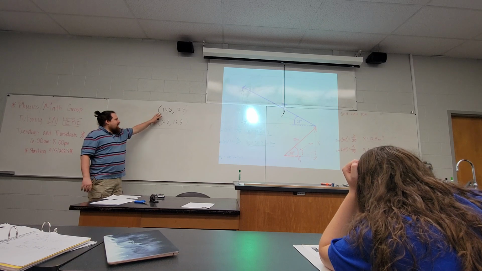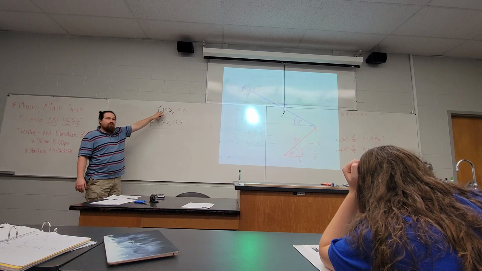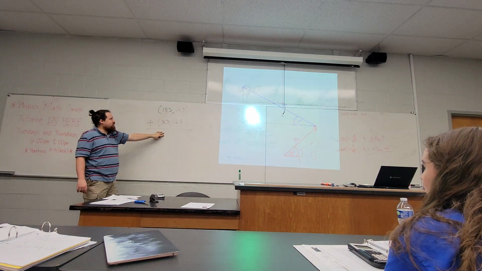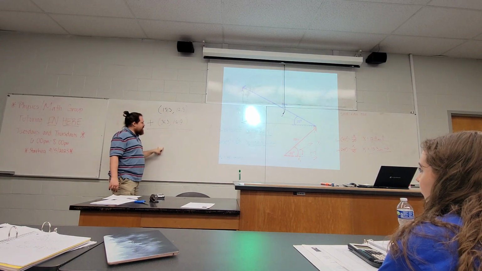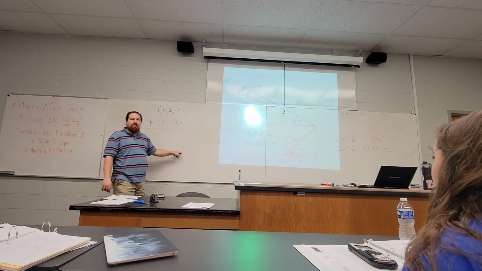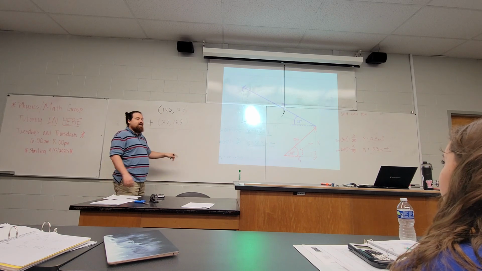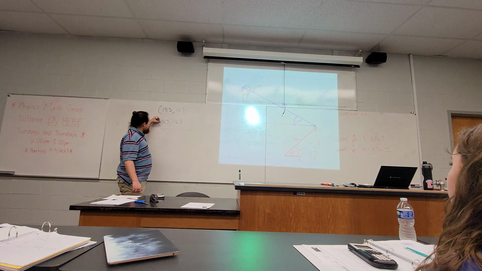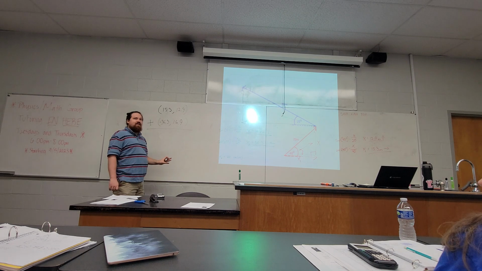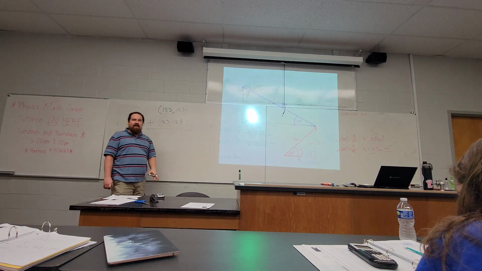Because if we just add these two numbers together, that's not really going to represent what's happening here. If we proceed with this as it's currently written, we're going to get a really big positive x answer and the correct y answer. If we do not add a negative sign here, then we're going to get a big positive x answer, but we're supposed to get a negative x answer.